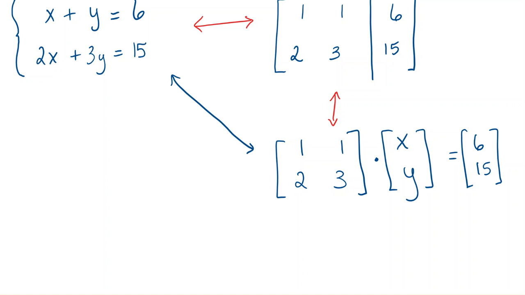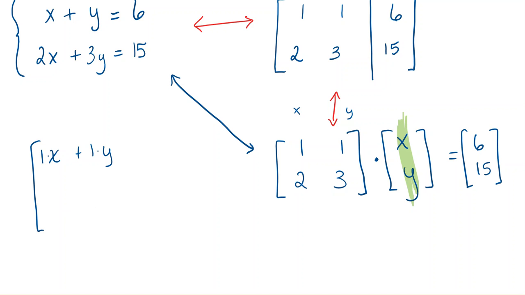So there's only one column, so we would take [x; y], kind of imagine bringing it over, and then we're going to multiply. After this multiplication, we get 1 times x as the first entry, plus 1 times y.